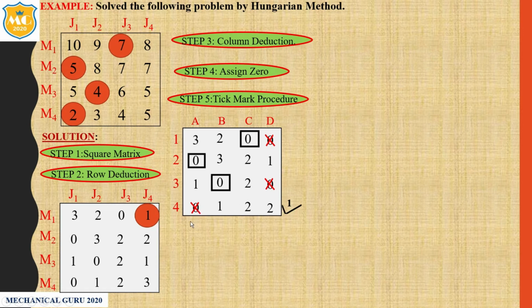Yes. So here we tick mark column 2. Now in tick marked column 2, is there any assigned 0? Yes. So here the assigned 0, so tick mark that row. Now in that row, is there any crossed 0? No. Okay. Now the next step in the same tick mark procedure.